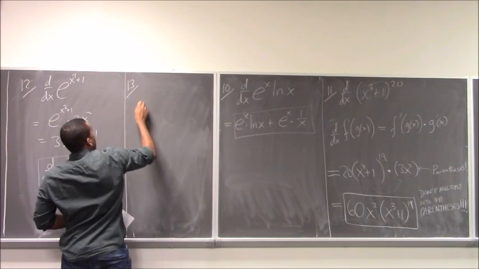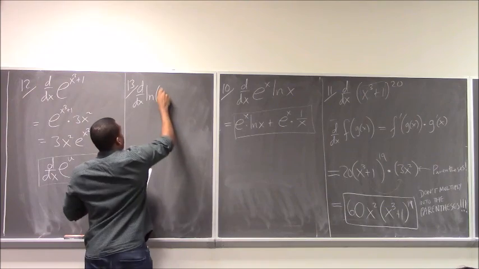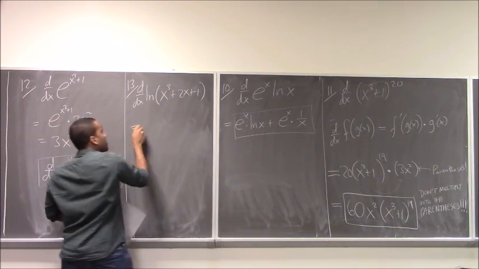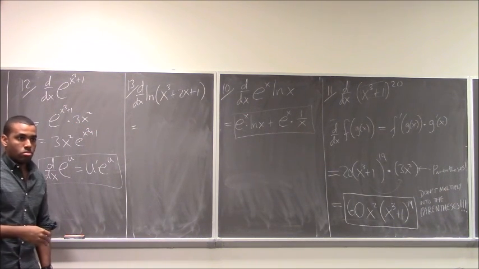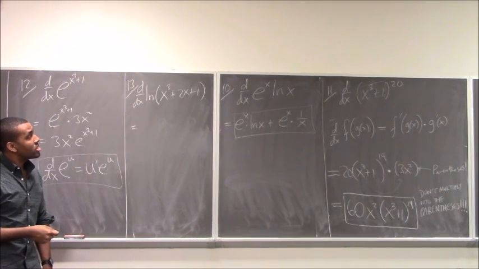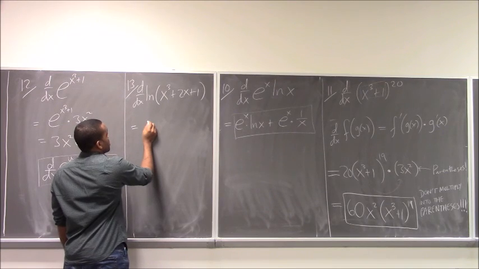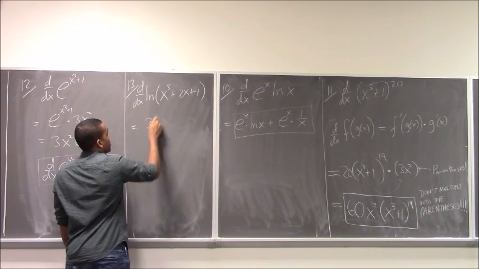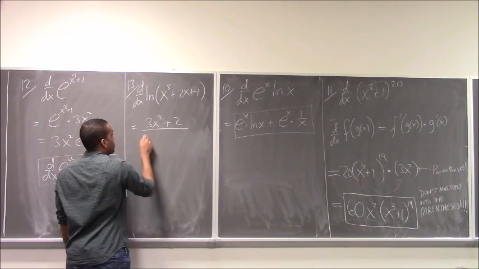Number 13. I want to find the derivative of ln of x cubed plus 2x plus 1. It would be the derivative of the inside over the inside, which is u prime over u. So the derivative is 3x squared plus 2, and then over x cubed plus 2x plus 1.